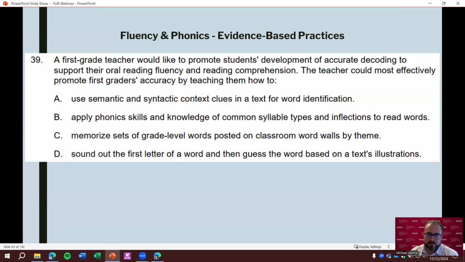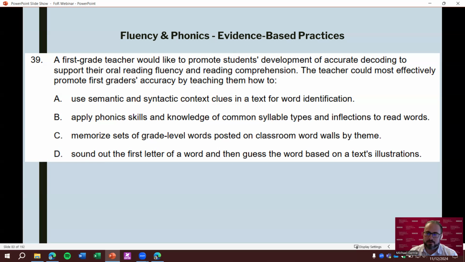All right, 39, pause here. The correct answer is B, apply phonics skills and knowledge of common syllable types and inflections to read words. So you can see that this is a very similar question to the previous one, and we're going to keep hammering this home. The MTEL is going to really focus on the connection between word recognition and fluency and comprehension eventually.